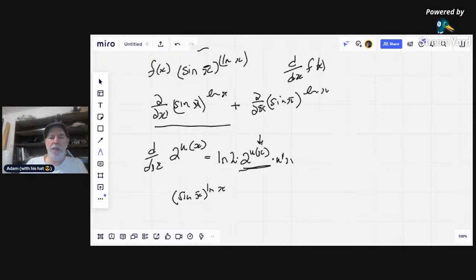Okay, so we did that part. And then we take the logarithm of the base. So that's just the log of the sine of x.